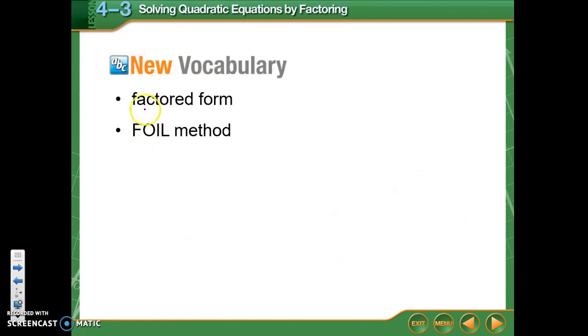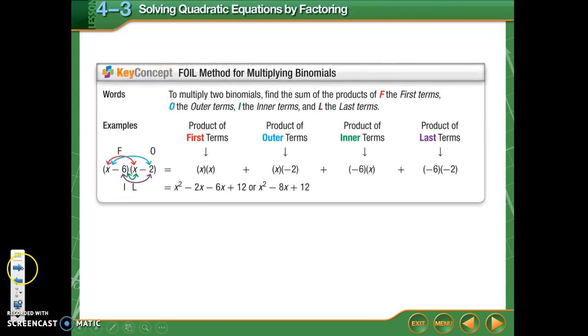So we're going to make sure that we know what factored form means, and we're going to review how to FOIL, although we kind of did that in the last video already. So remember that FOIL is a method for multiplying two binomials. So if I have x minus 6 times x minus 2, I do my first terms, x times x. My outer ones, x times negative 2.